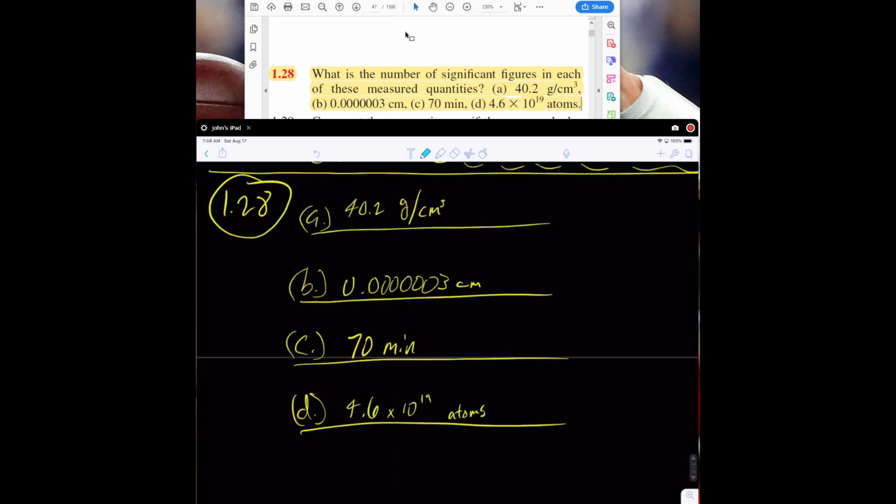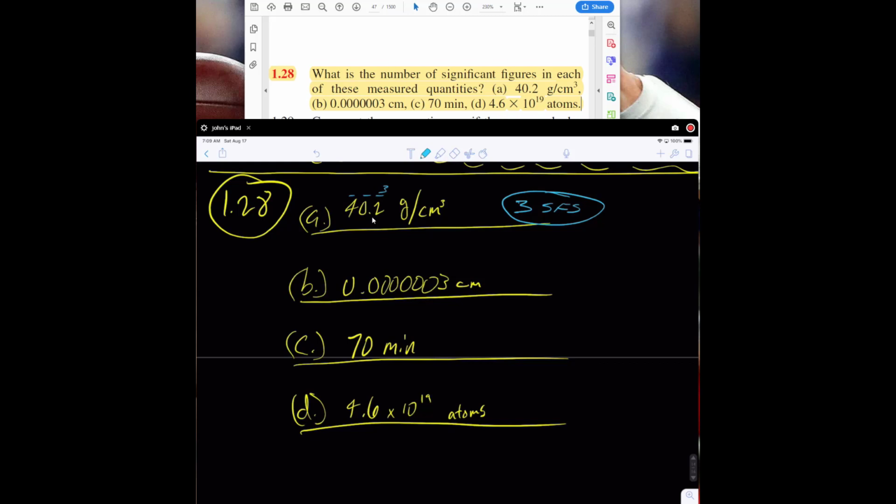Okay, question 28. What is the number of significant figures in each of these measured quantities? So they're measured quantities. A, we have 40.2 grams per cubic centimeter. So 40.2, that's 1, 2, 3. There's 3 sig figs.